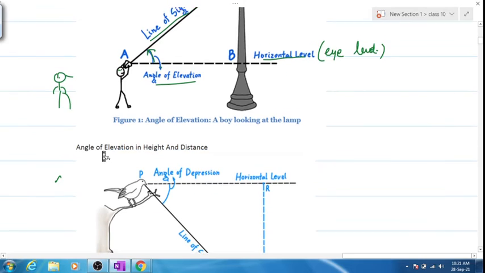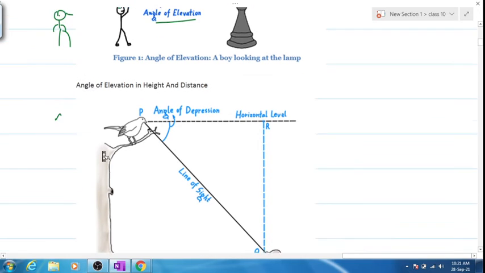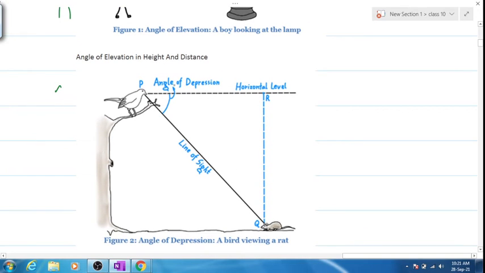Moving on, the different thing which we'll be seeing out here is the angle of depression. Now you don't have to draw this rat and pigeon. You basically write here x. Don't write x, write P and Q. Nothing else. Draw this figure and write line of sight out here, angle of depression, and the horizontal level.